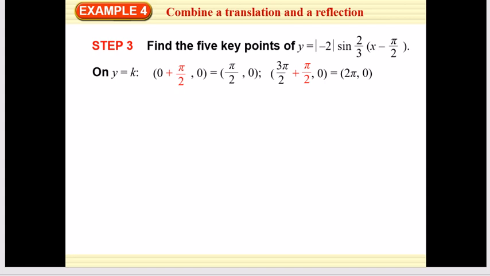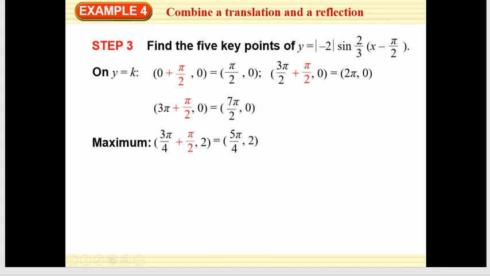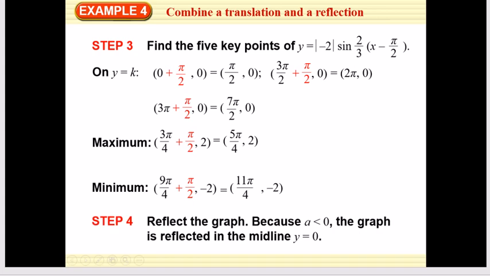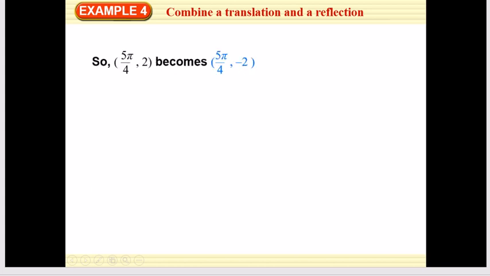So, I have the computations listed there, my lovely points, my maxes, my mins, and then I need to reflect the graph because a is less than 0. So it's only really one more step than what we have been doing.